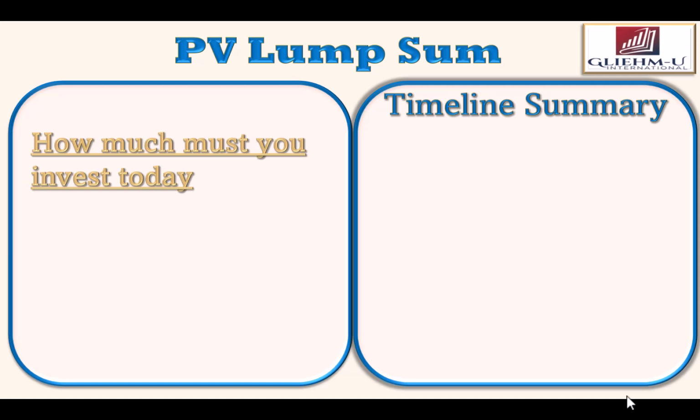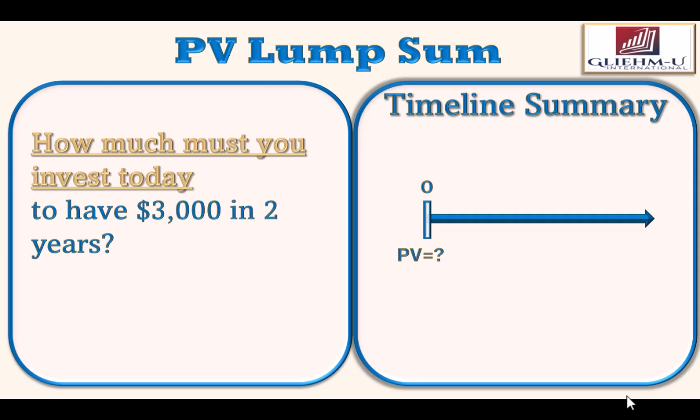So I start to create my timeline, and I show today at time 0, and I show that we don't know the present value. That's what we're going to compute. Let me continue. It says, how much must you invest today to have $3,000 in 2 years?